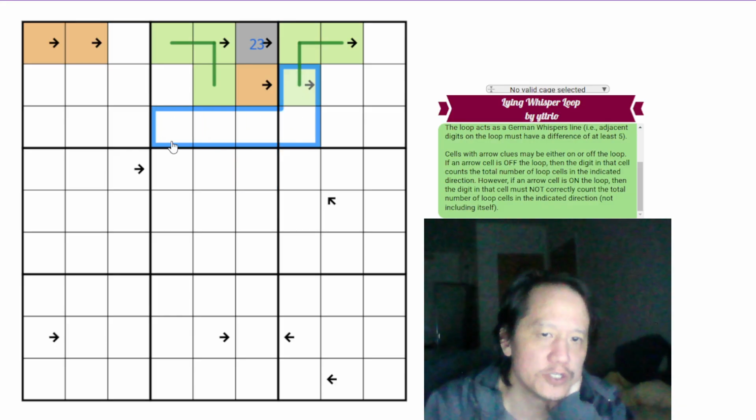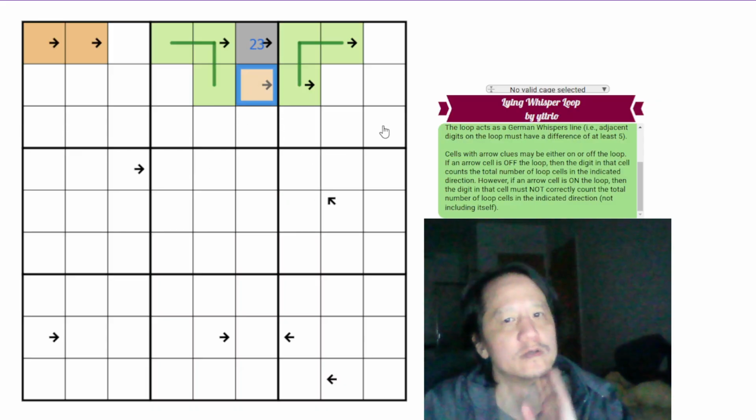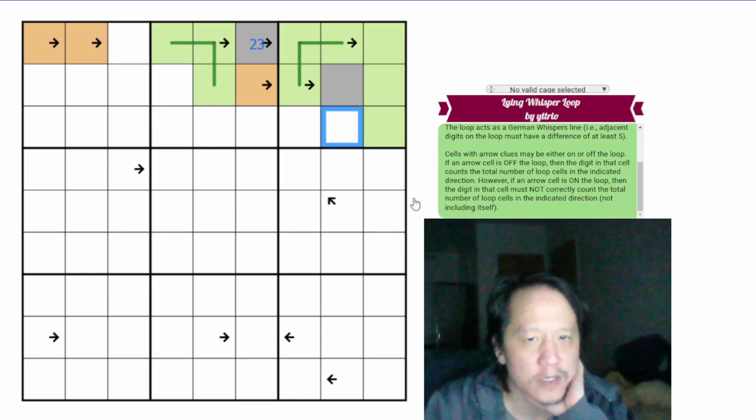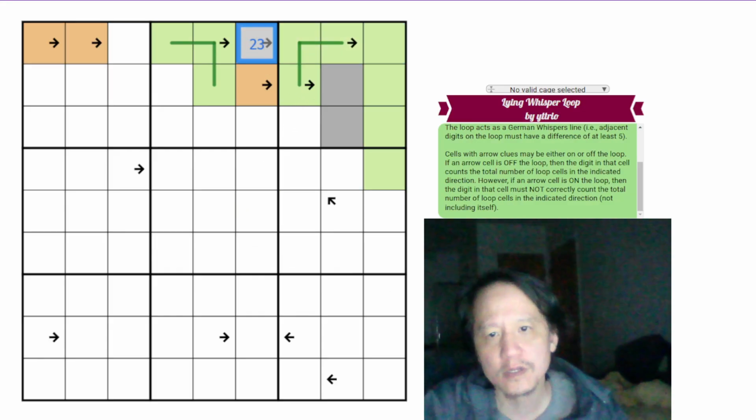So it could just continue here or go further, but it just has to be, yeah. So this cannot be on the loop, which means we know this is on the loop, this is on the loop. This is gray. This cannot go this way because it would touch itself diagonally, so it has to continue here. So we know this is 3 specifically.